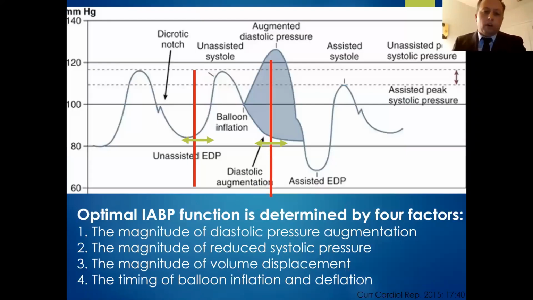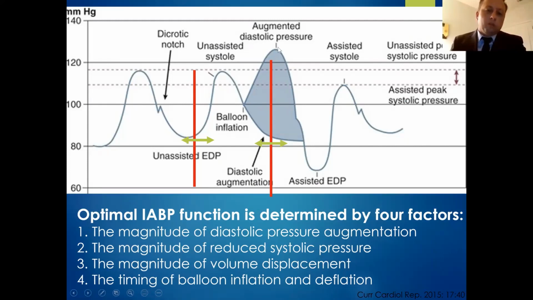When you are on your ICU team, what you'll want to be looking for is that the balloon is inflating appropriately and augmenting your diastolic pressure. So this is an unassisted systole. You have your dicrotic notch here. Again, unassisted systole, and then you have your balloon inflation right at the right time, right at the dicrotic notch. So you'll have your augmented diastolic pressure.